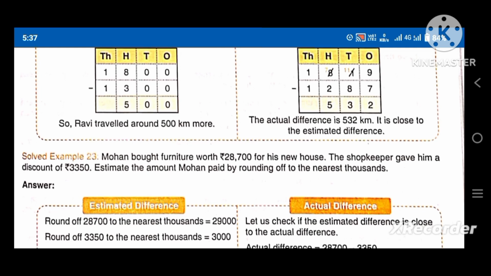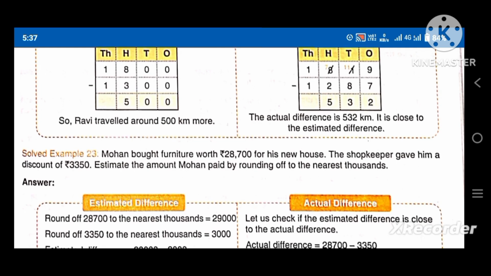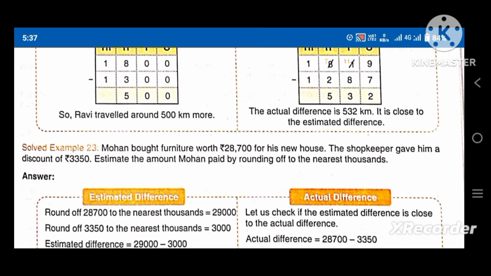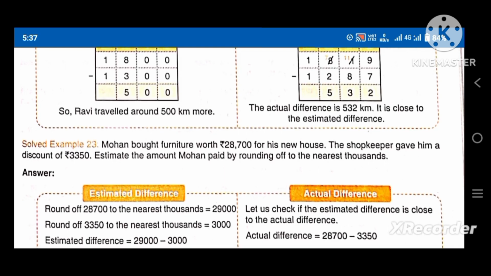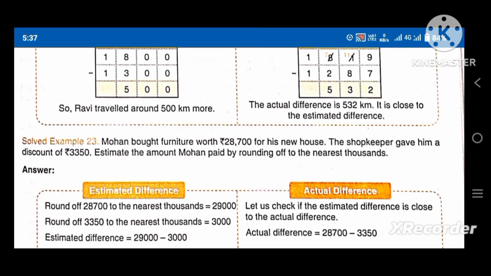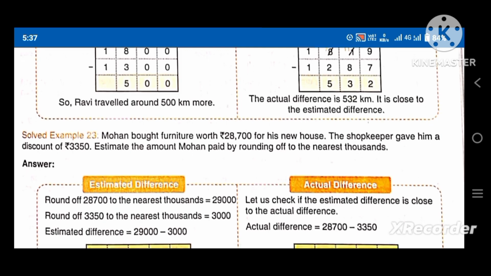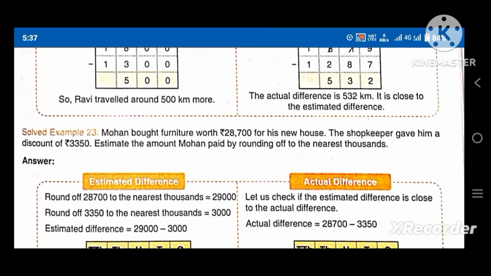Answer: estimated difference. Round off 28,700 to the nearest thousands is equal to 29,000. Round off 3,350 to the nearest thousands is equal to 3,000.